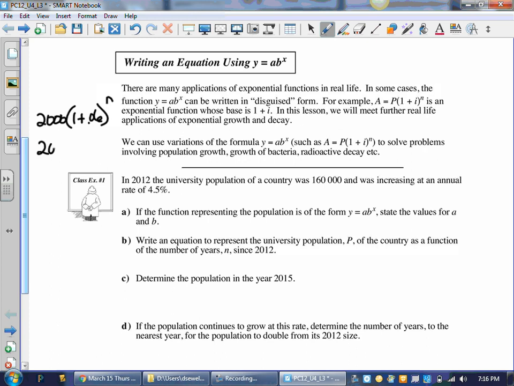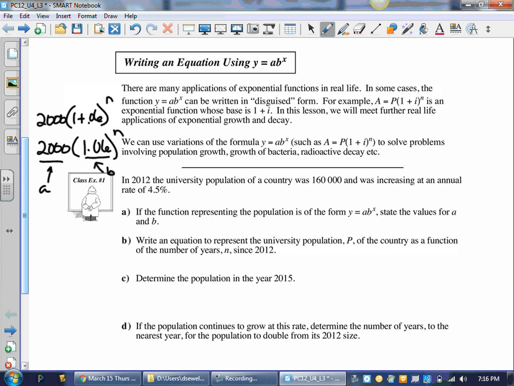So that became 2,000 times 1.06 to the n. See it? This 2,000 is the A, and this 1.06 is our B, and the n is like the x. So it's really very similar to what we've already done.